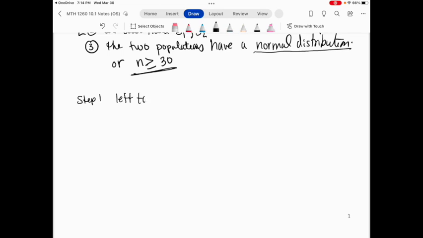When we set up our hypothesis in step 1, we're going to have 3 possibilities. If it's left-tailed, then we have the situation where we're looking at the left tail. Our null hypothesis is going to be set up so that we would say mu1 minus mu2 is equal to 0. And so mu1 is the population mean from the first population, and mu2 would be the population mean from the second population.